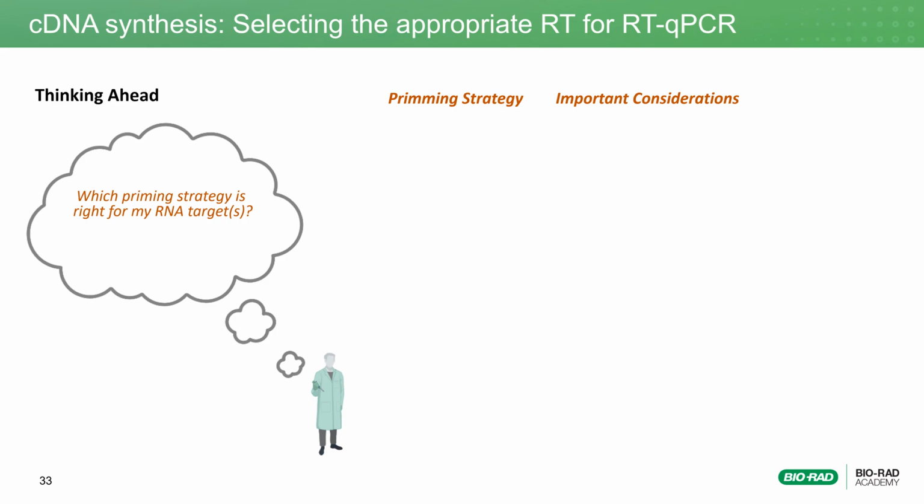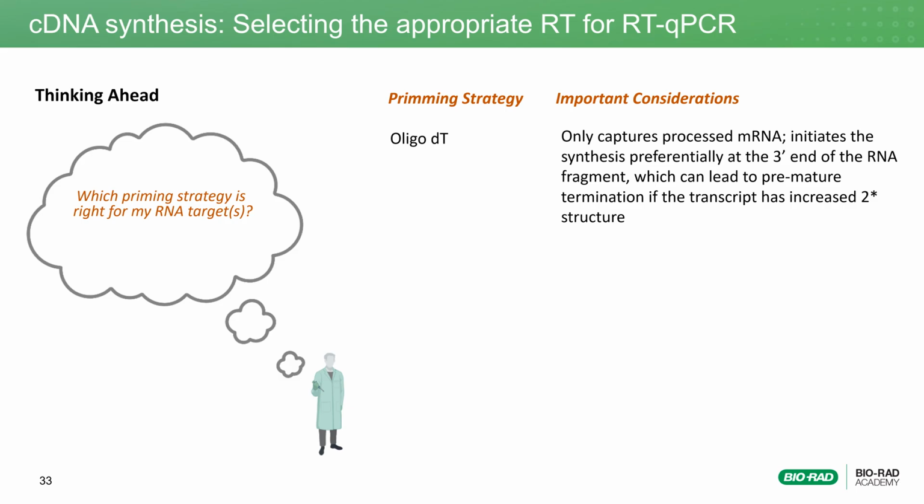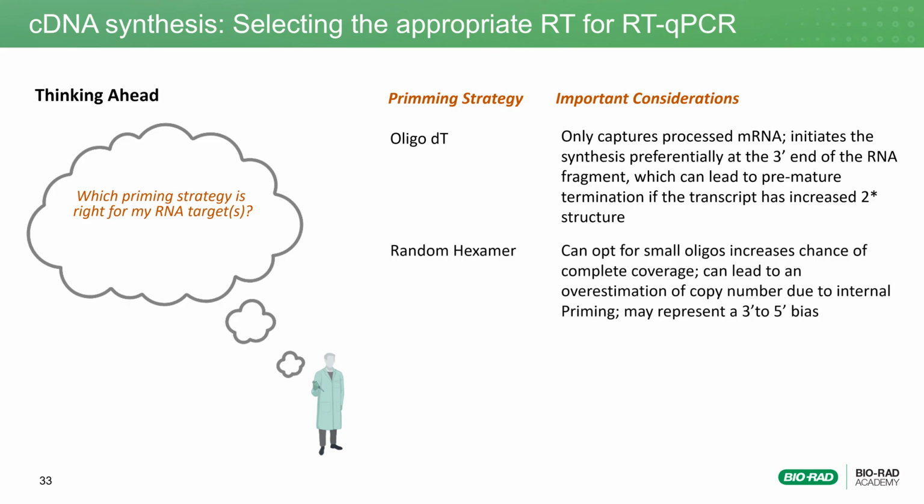To better understand which priming strategy is appropriate for your two-step RT-qPCR experiment, let's consider the following. Because oligo-dTs bind to the poly-A tail of transcripts, this priming strategy will capture only mRNA biotypes. Due to the position of the poly-A tail on transcripts, oligo-dTs may result in premature termination if the transcript has increased secondary structure.